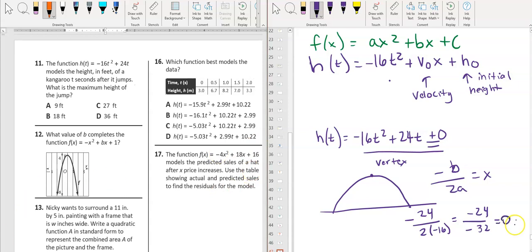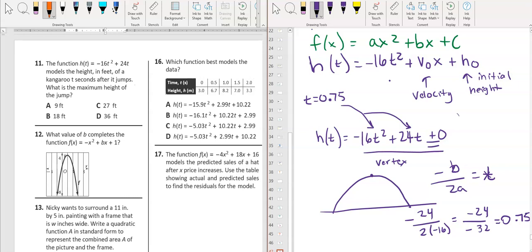That is 75 hundredths, and that's x, or t in this case, for time. Okay, so t is 0.75, and now I need to find my y value, the height of my highest point, because this is the time at which the kangaroo's at the highest point, but I need to plug it back in. So I'm going to plug that back in for t and solve.